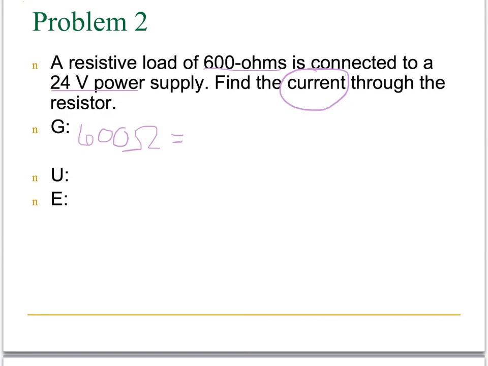Ohms is always the measure of resistance, so that equals R. And 24 volts is always our unit for voltage or potential difference, so that equals V. Our unknown in this question is current, so I equals a question mark. And again, our equation, voltage equals current times resistance. V equals IR.